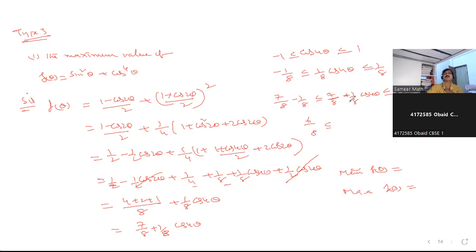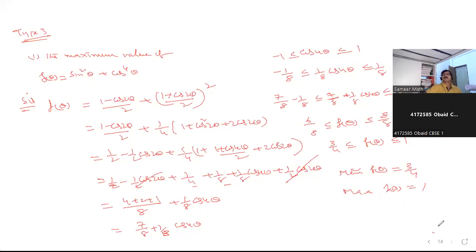This total is f of theta, which is 7 by 8 plus 1 by 8, that is 8 by 8. So f of theta is between 3 by 4 and 1. Minimum is 3 by 4, maximum is 1. Clear guys?